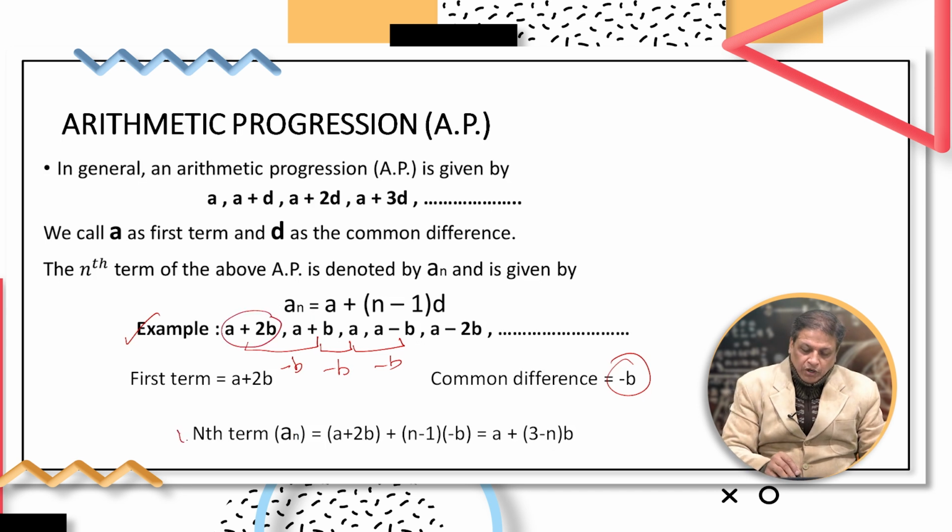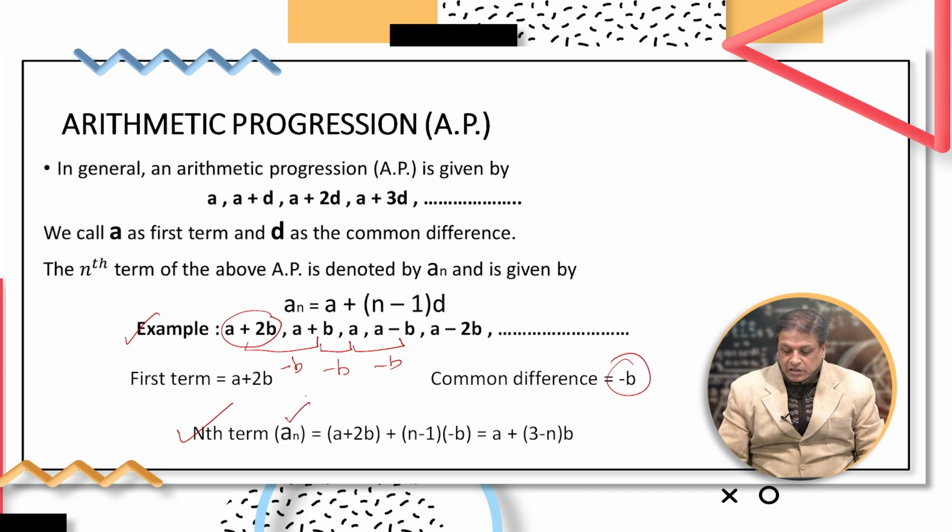Now, applying the formula for the nth term, we get an is equal to a plus 2b plus n minus 1 into minus b. Solving this, we get a plus 3 minus n into b. So, this is the nth term of the arithmetic progression given in this example. I hope you recall what we had done when we were discussing arithmetic progression.